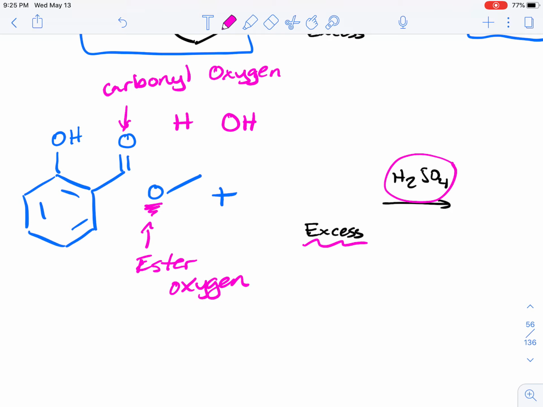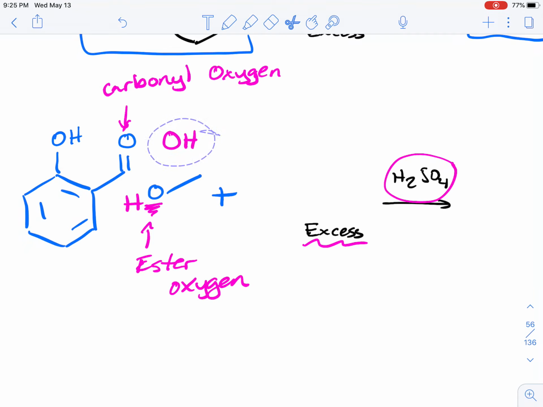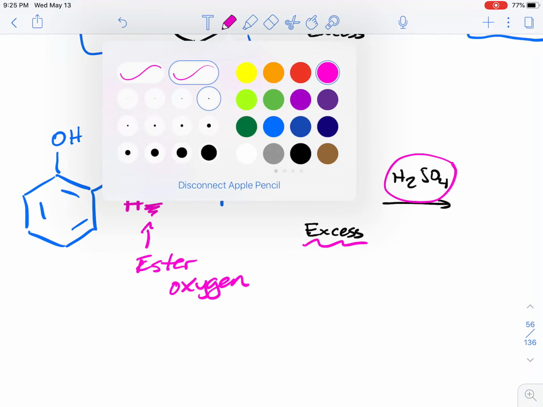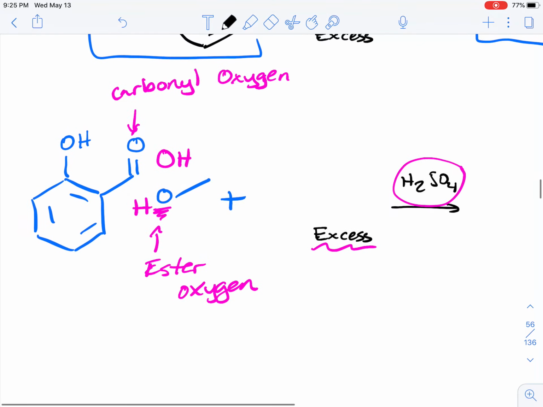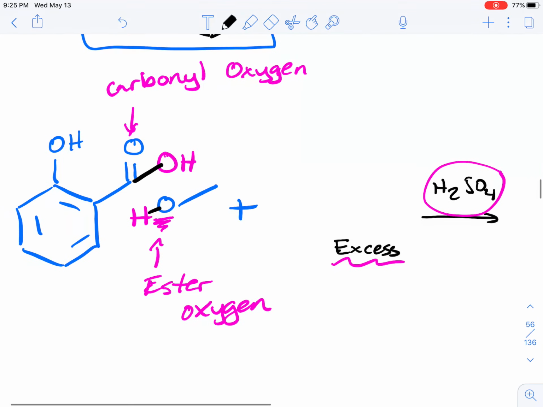And so after rearranging our substances, we know that this hydrogen is going to go to the ester oxygen, and this OH is going to go to the carbonyl carbon. And so we're simply going to go ahead and draw a covalent bond to link those two pieces together.